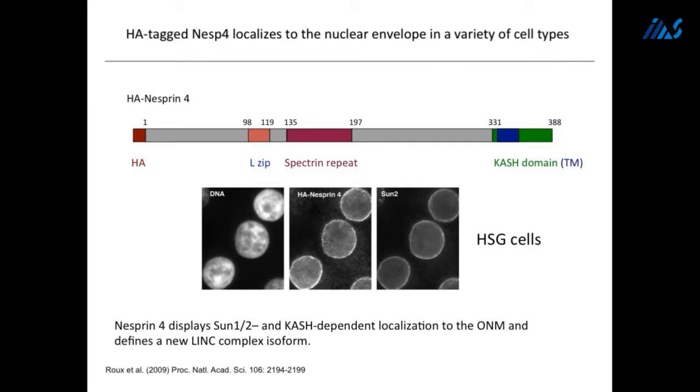You need one SUN protein or the other. And it's also absolutely dependent on the integrity of its KASH domain, this region here. Other than that, there's nothing particularly striking about this protein.